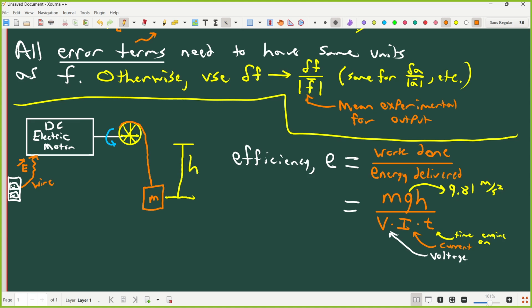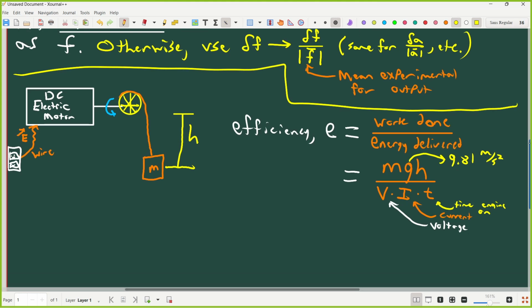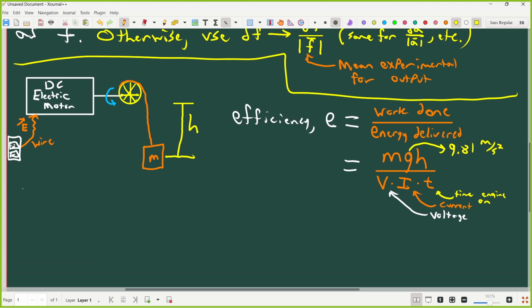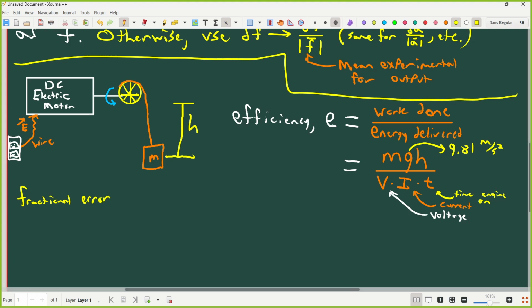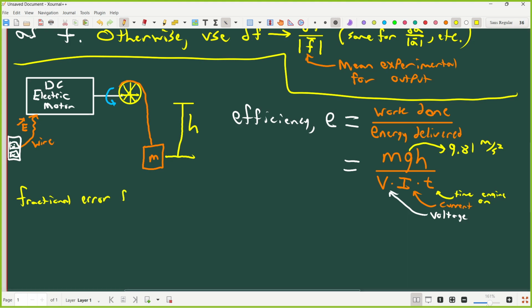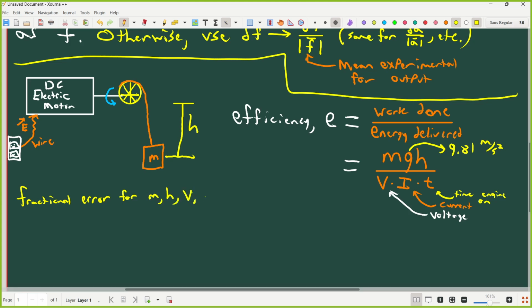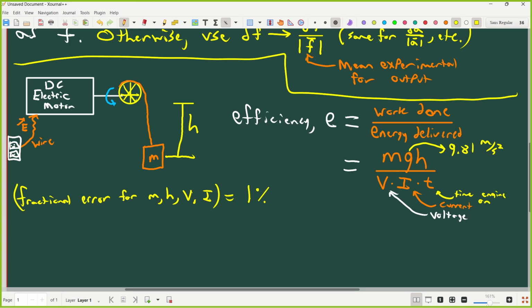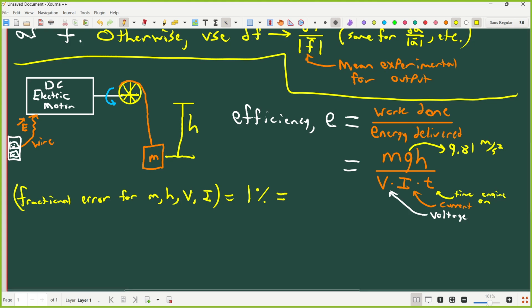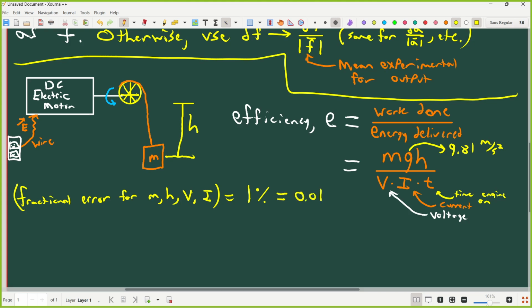So let's just say very generally that the fractional uncertainty or fractional error for the things that we can measure easily, m, h, V, and I, is about 1%, or percent error. I shouldn't call that fractional; fractional error would be 0.01.